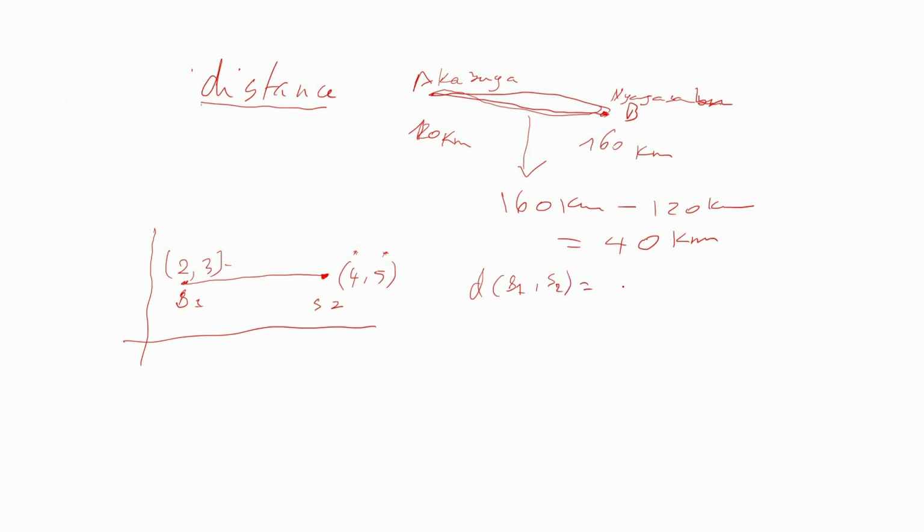The first coordinate always refers to the horizontal displacement, the second is the vertical displacement in our plane. Now we want to know the distance from switch 1 to switch 2.